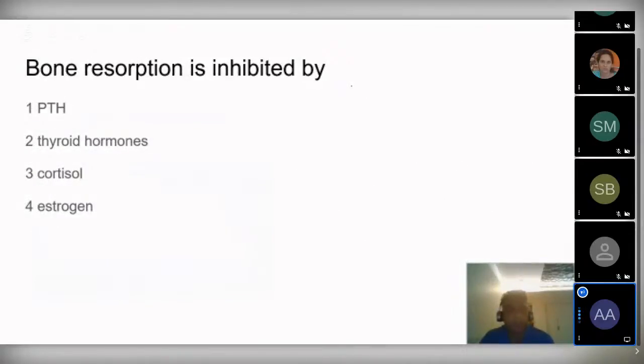Bone resorption is inhibited by. You should tell me this answer. If you attended my previous classes, of course, there is a repetition from some other class as well, but you can easily answer this. Bone resorption is inhibited by. Anyone, right or wrong? Take a chance.